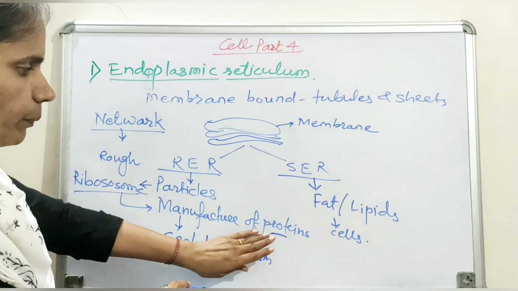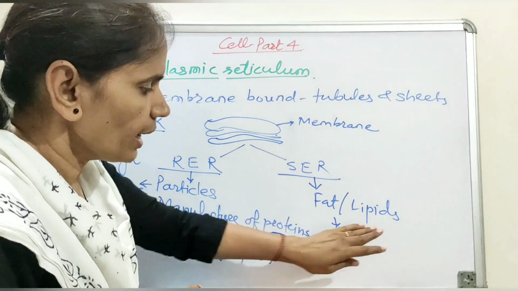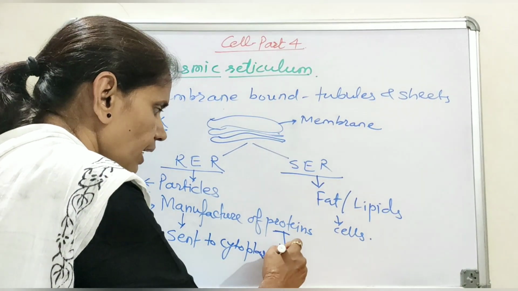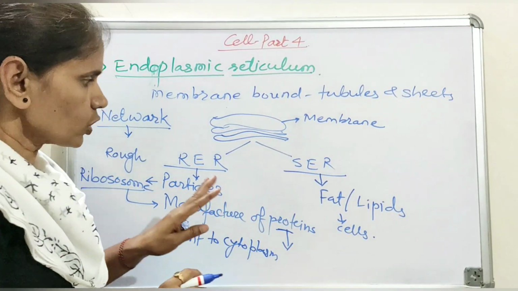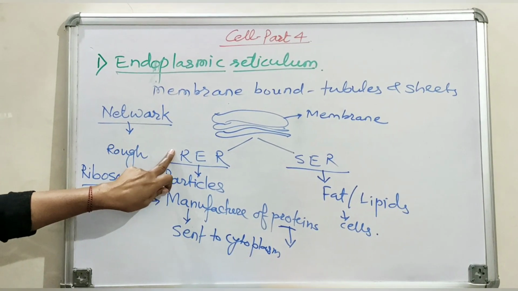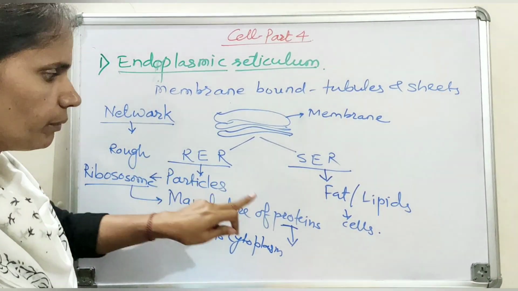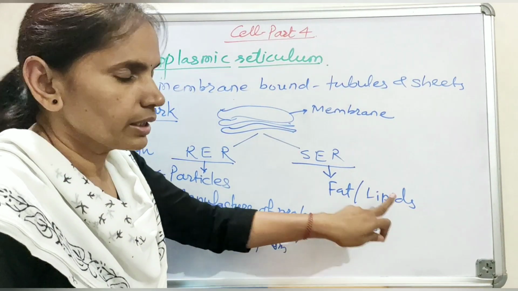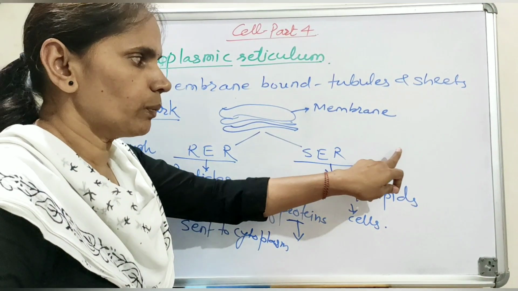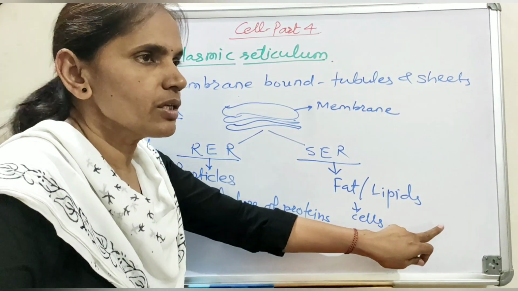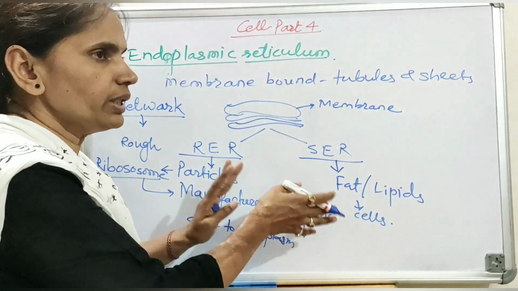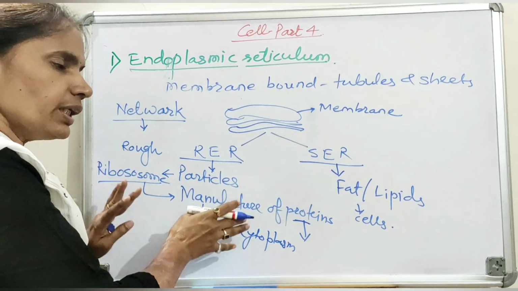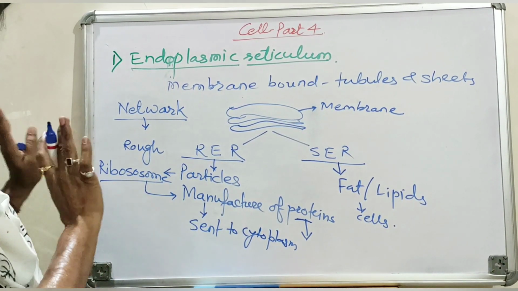Now some of the proteins and lipids act as enzymes and hormones. So the proteins synthesized by the rough endoplasmic reticulum act as enzymes, while the lipids manufactured by the smooth endoplasmic reticulum act as hormones. Some of these proteins are further utilized in different functions.